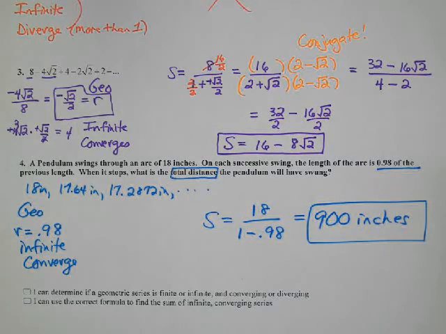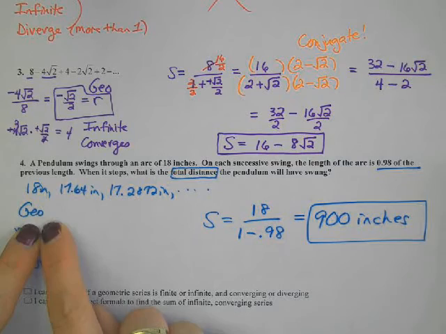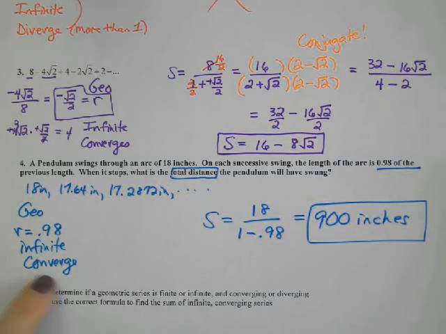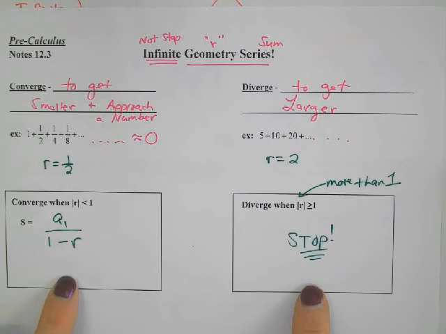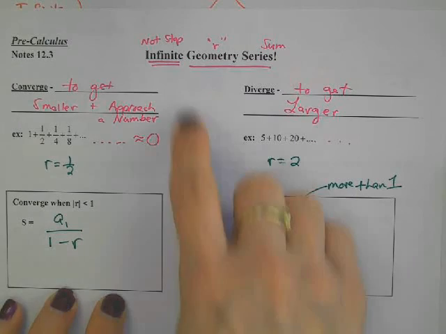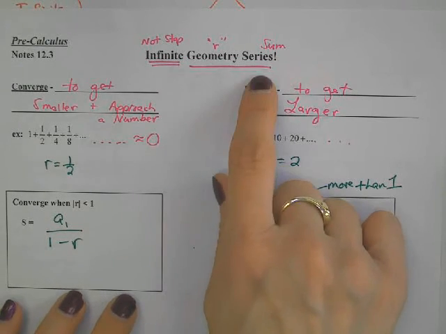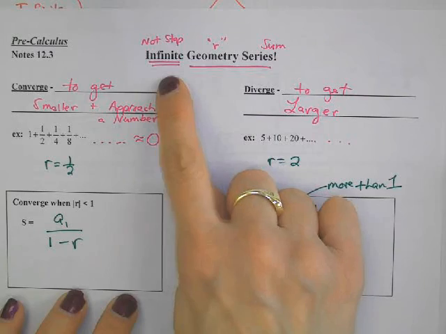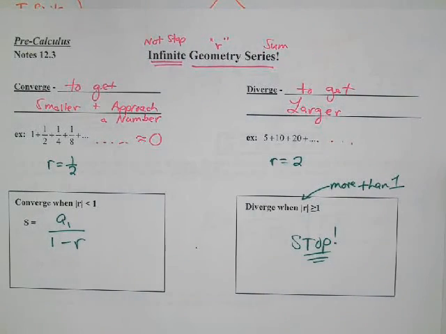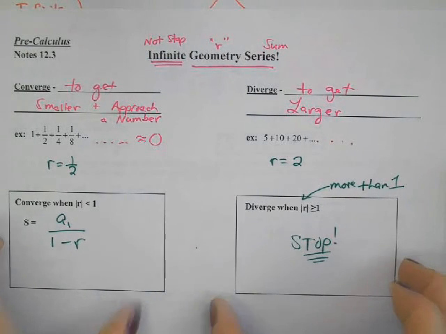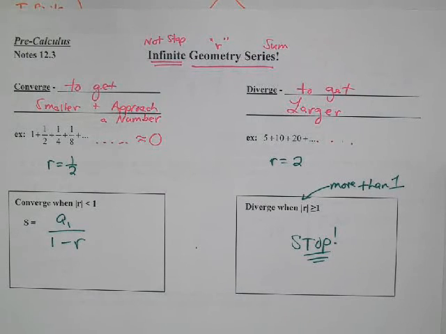Okay, so if it goes forever and it's arithmetic, can't do it. If it goes forever and it's geometric, half the time you can and half the time you can't. Okay, this lesson was on infinite geometric series. If it's infinite and arithmetic, we cannot do it. And only half the time with geometric. Great lesson, everybody.